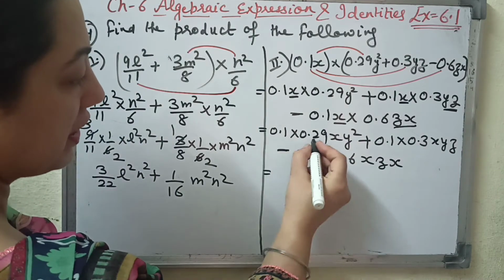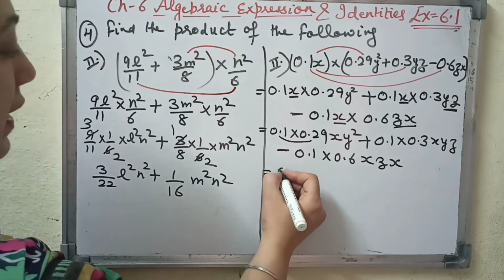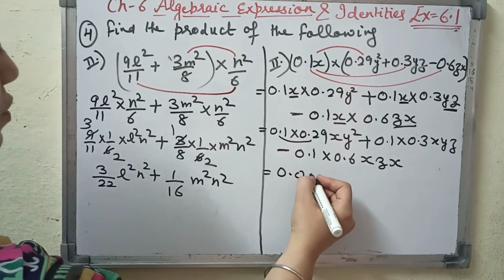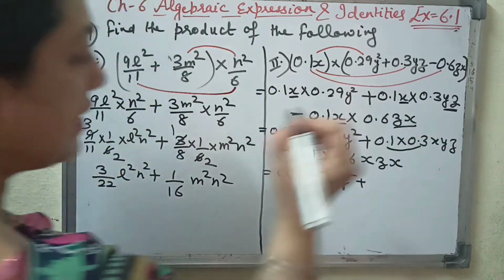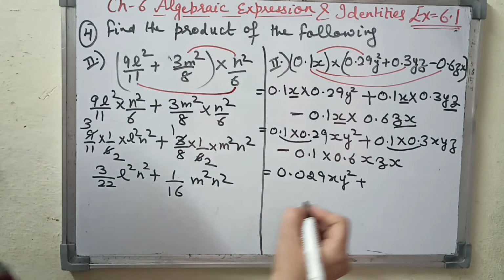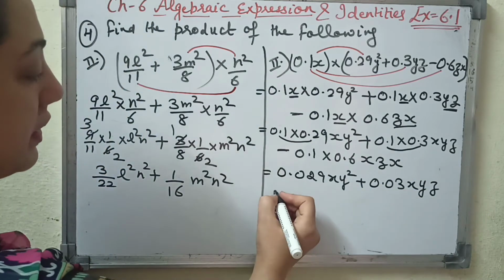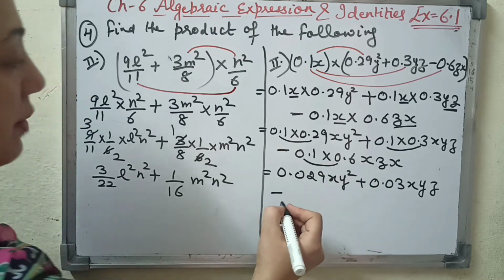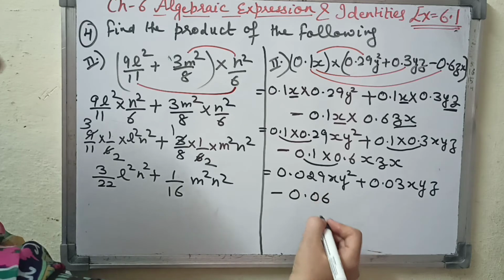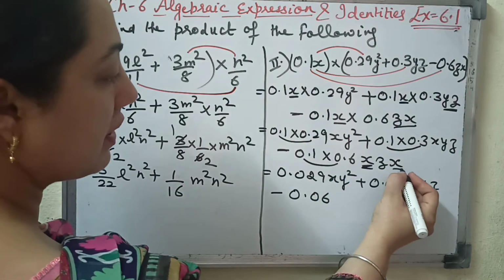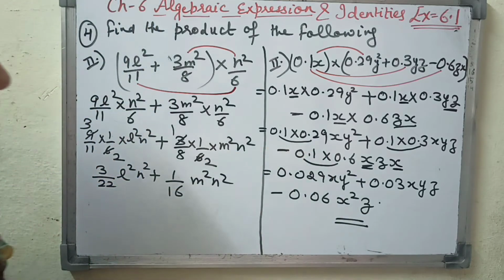Now do the multiplication of these two numbers. 0.1 into 0.29, it is 0.029 xy square. Again I multiply 0.1 into 0.3 and it is 0.03 xyz. And in the third term 0.1 multiplied with the 0.6, it is 0.06. x also multiply with the x. It becomes x square z. This is the required answer.